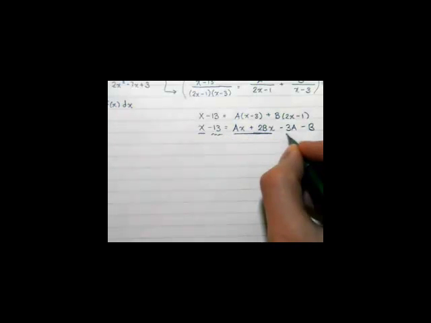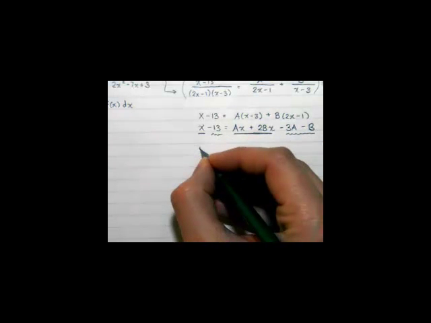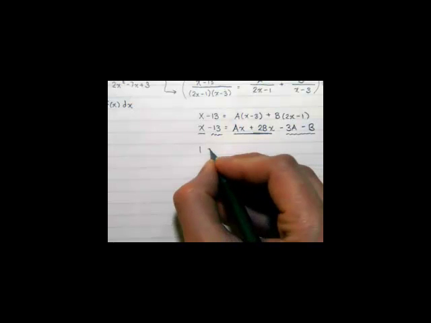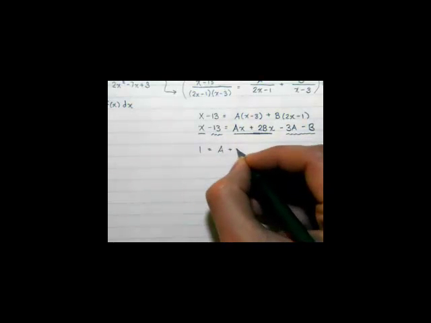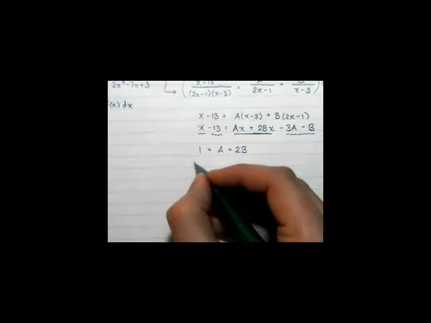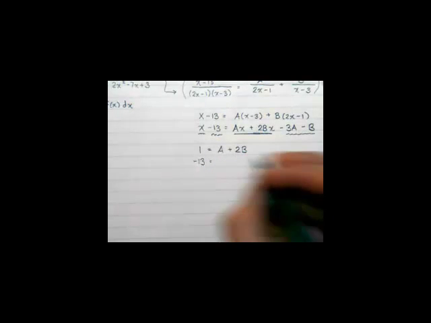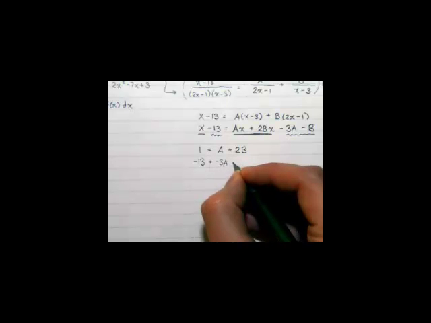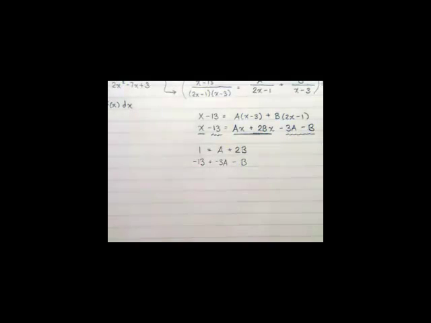Good. So 1, because it's 1x, equals a plus 2b, and then the negative 13 equals negative 3a minus b. Matching up my constants there from one to the other. What now? Okay, do some elimination.